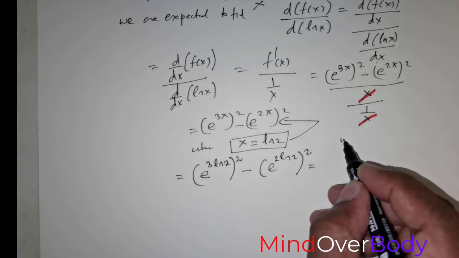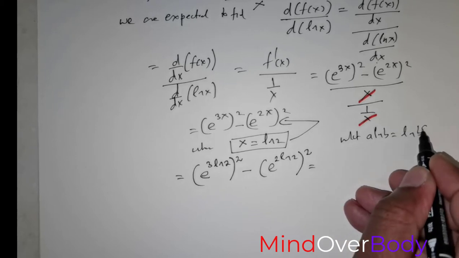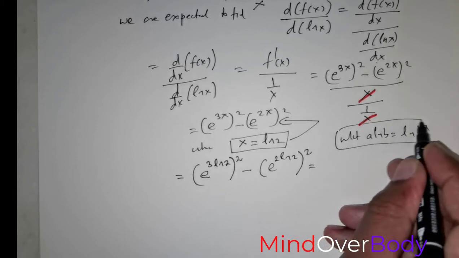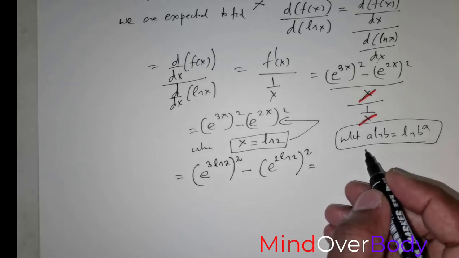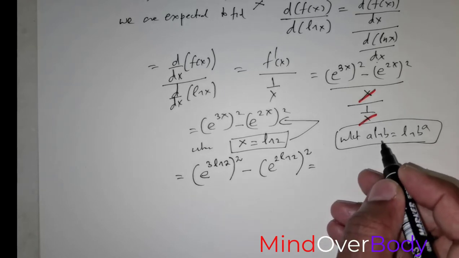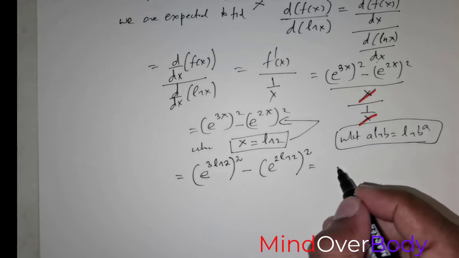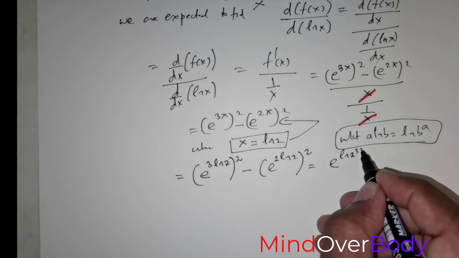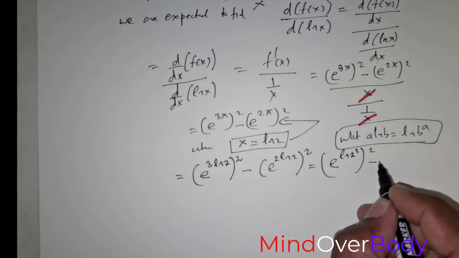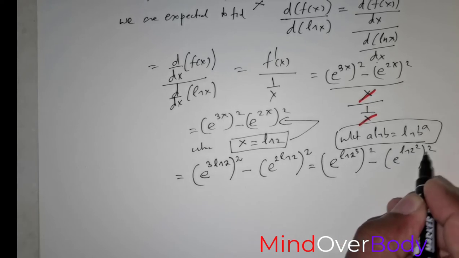Now we know that a times ln b is equal to ln b^a. This is given from the laws of logarithms. So this is equal to (e^(ln 2^3))^2 minus (e^(ln 2^2))^2.